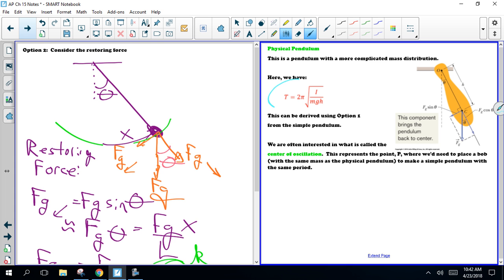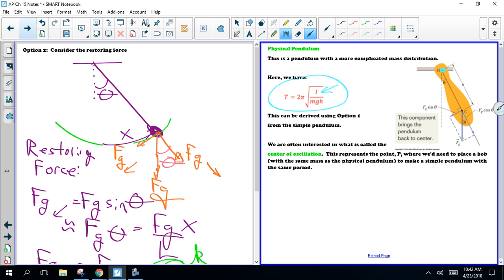It's the period of what's called a physical pendulum. It's 2π times the square root of I over mgh, where I is the rotational inertia of the object around your pivot point, and h is the distance from the pivot point to the center of mass.